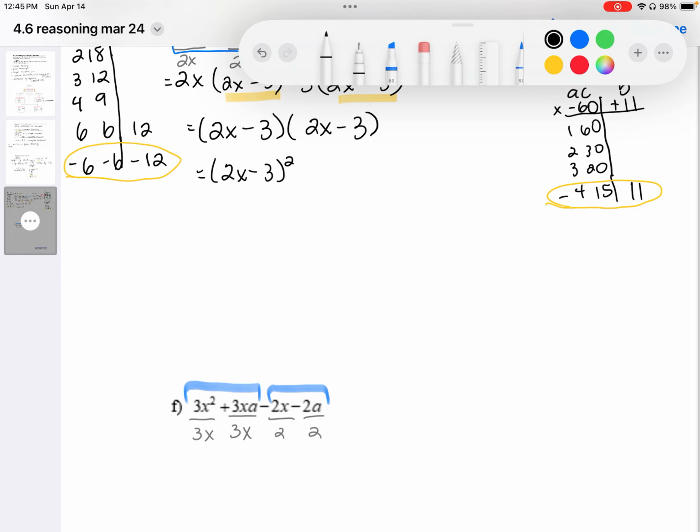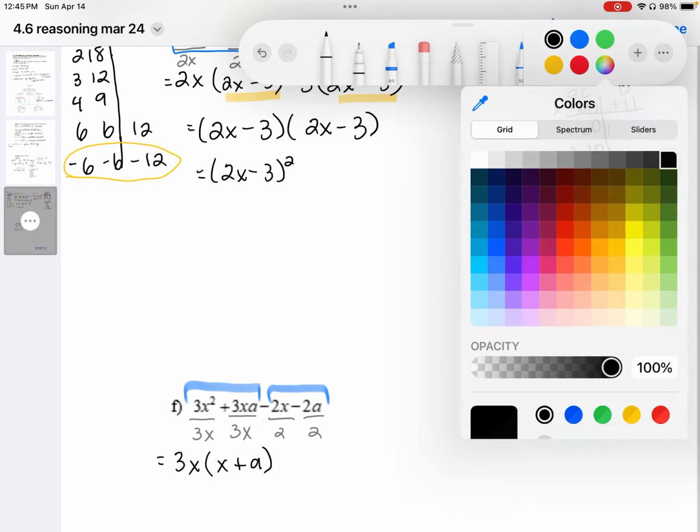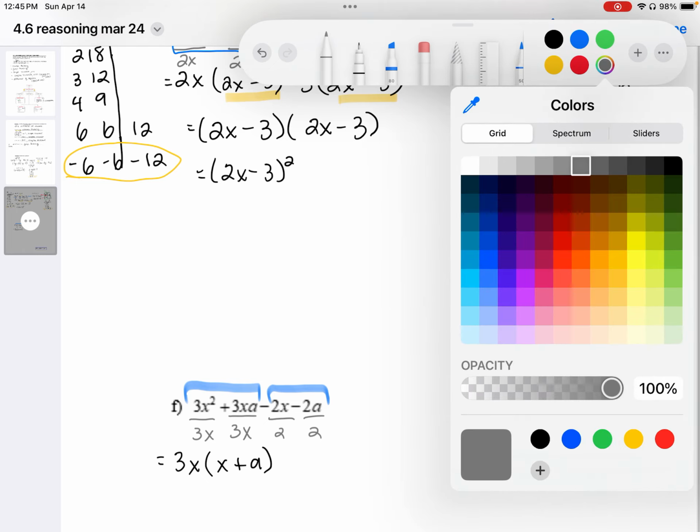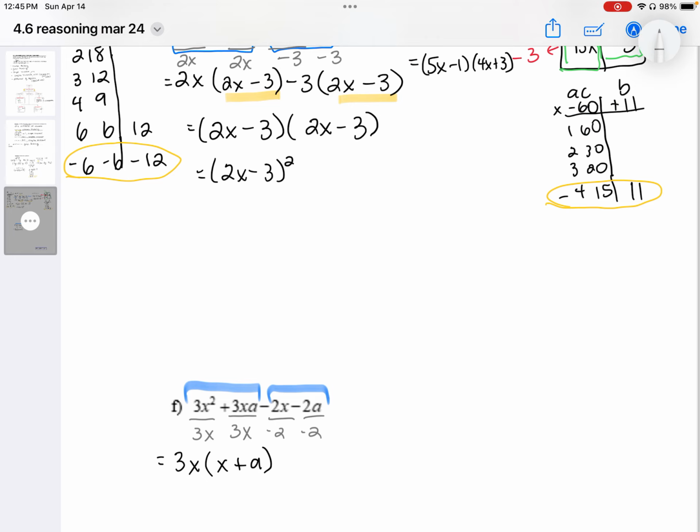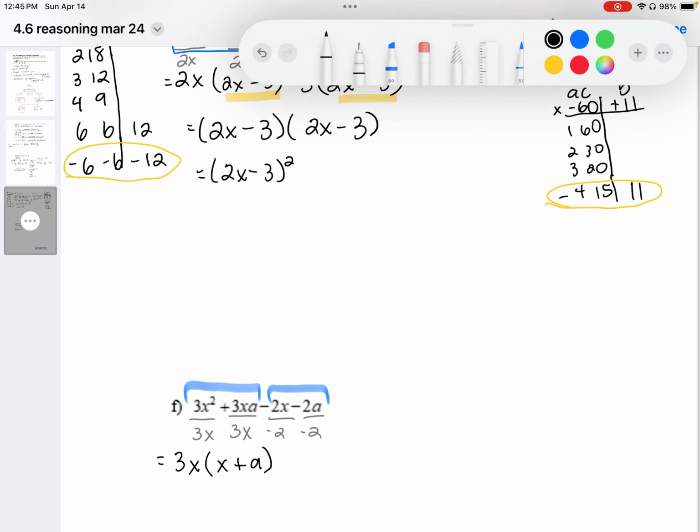So let's see if it's going to give me the same thing inside the brackets. So the first two terms, if I divide by 3x, then I'm going to be left with x in the first set of terms and a in the second term. And then if I divide, well, maybe I should divide by negative 2, right? Get rid of that negative as well at the same time. Okay, I'm going to divide by negative 2, which is going to get me positive x.